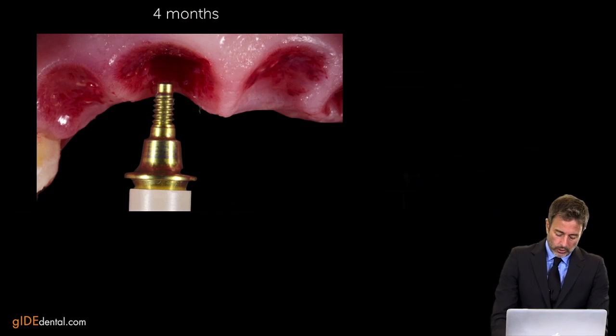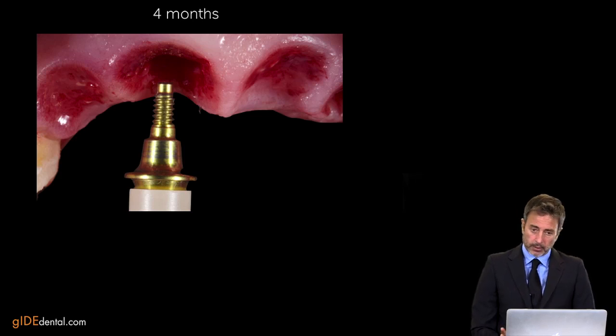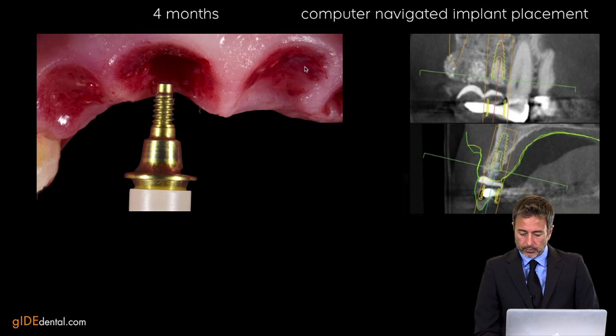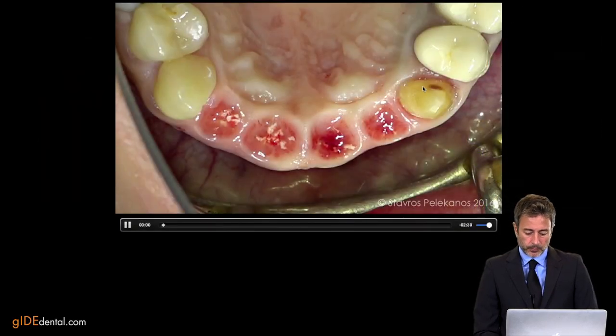So what we do now is that we go relatively early and we place the implant. We have done some cases together with the University of Berlin. So at 4 months we go inside and we place the implant. You see the implant planning, the computer navigated implant placement, and a small video.